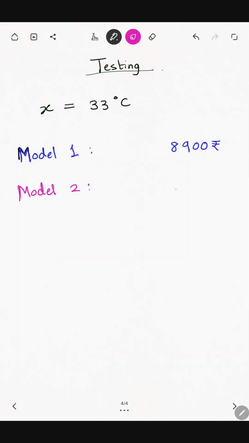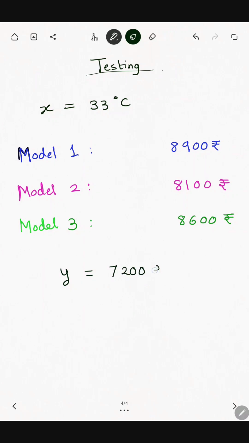If we use the model based on the data of week 2, the predicted sales are 8,100 rupees. And if you use the model based on the data from week 3, the prediction is 8.6 thousand or 8,600 rupees. But in reality, we find that the actual value is 7.2K, that is 7,200.